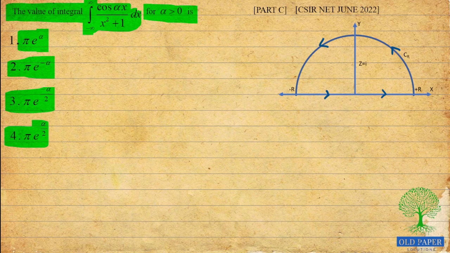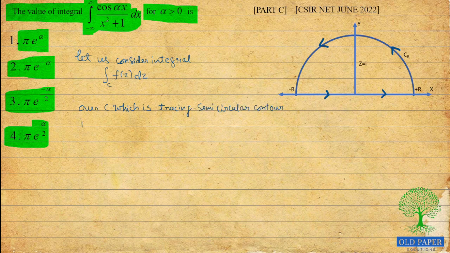Let's start the solution. Let us consider the integral of f of z dz over C, which is tracing a semicircular contour in the complex plane and the real axis from minus R to R, as shown in the figure.